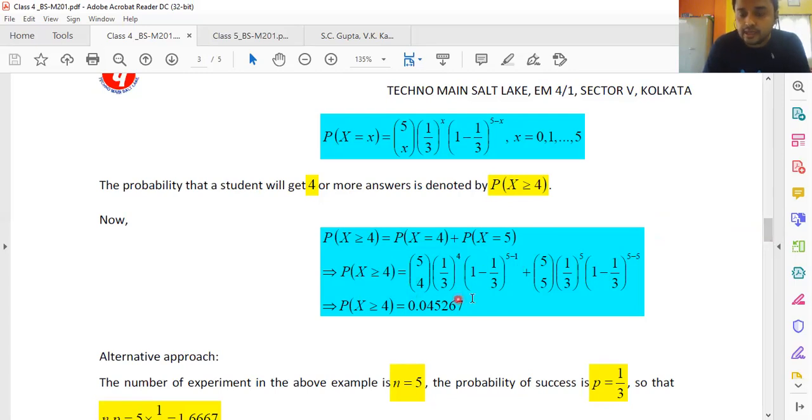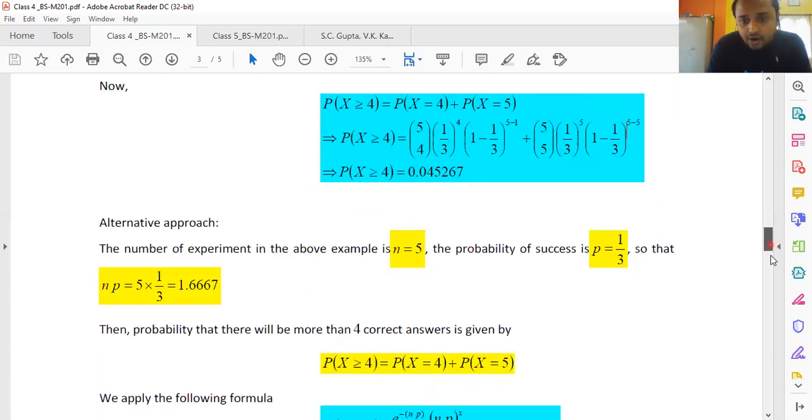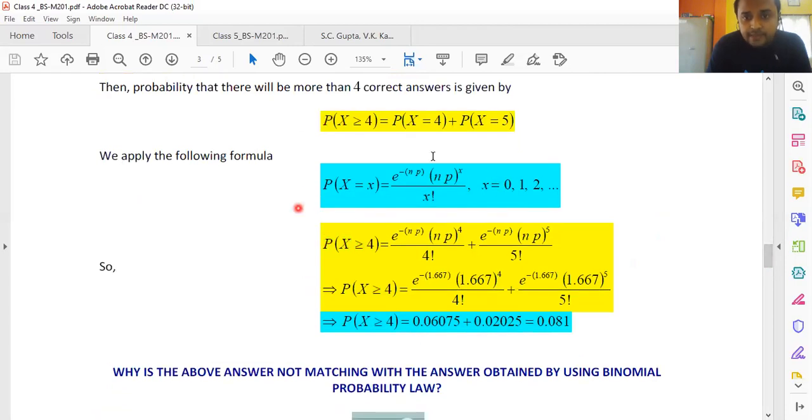Now, what to believe? Should I apply the binomial probability law, and if I get this answer, is it correct? Or if I apply this other probability law to this particular problem, and just take my word, it is also very well defined, is this probability correct?